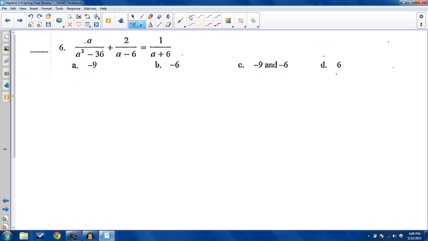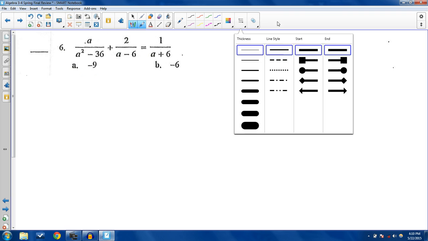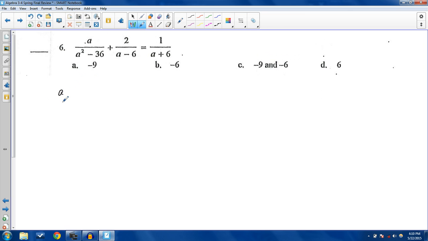I take a look at this problem, and one way I can go about it is to rewrite the equation. I can say this is A over, factoring, A plus 6 times A minus 6, plus 2 over A minus 6 equals 1 over A plus 6. What I could do is seek a common denominator for everything. This thing has multiples of A plus 6 and A minus 6. This specific term is missing an A plus 6 on top and bottom.